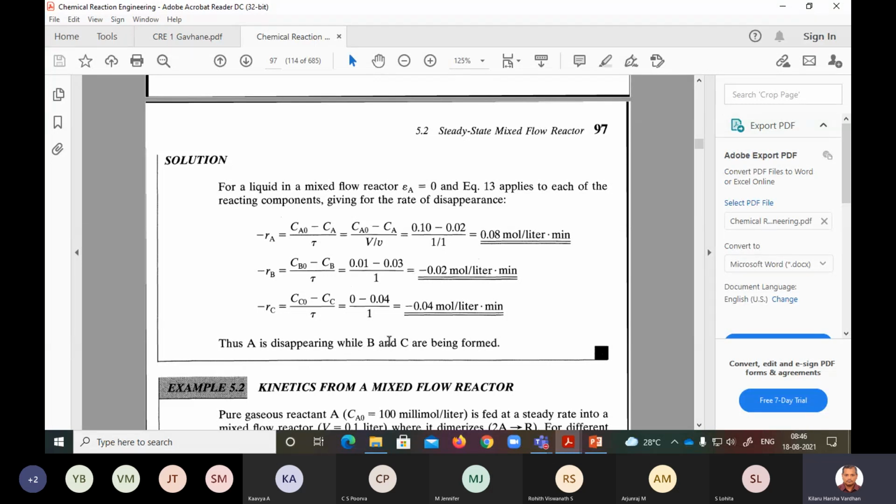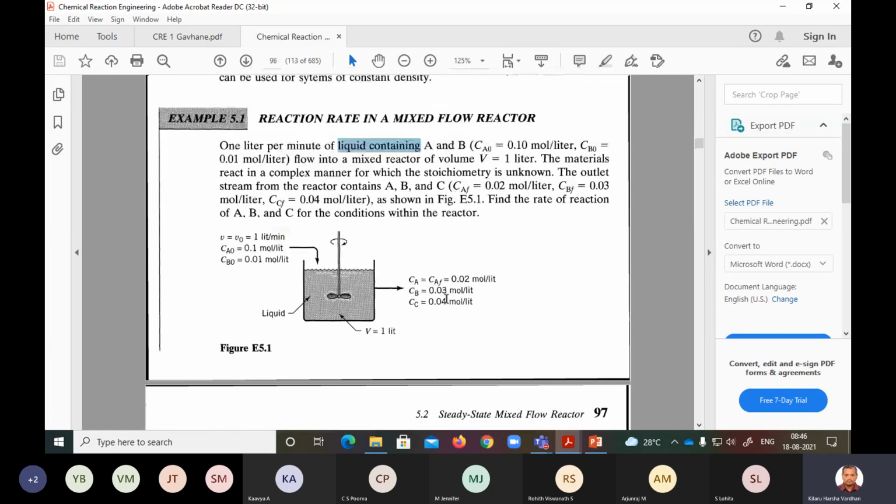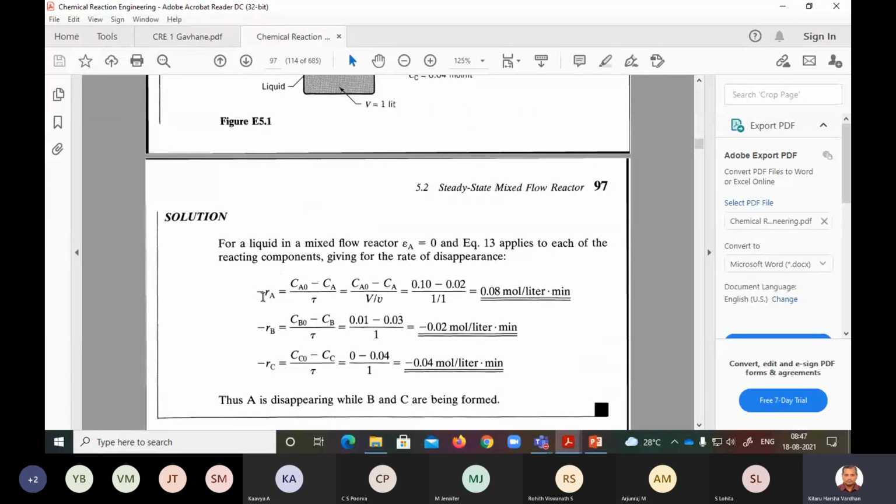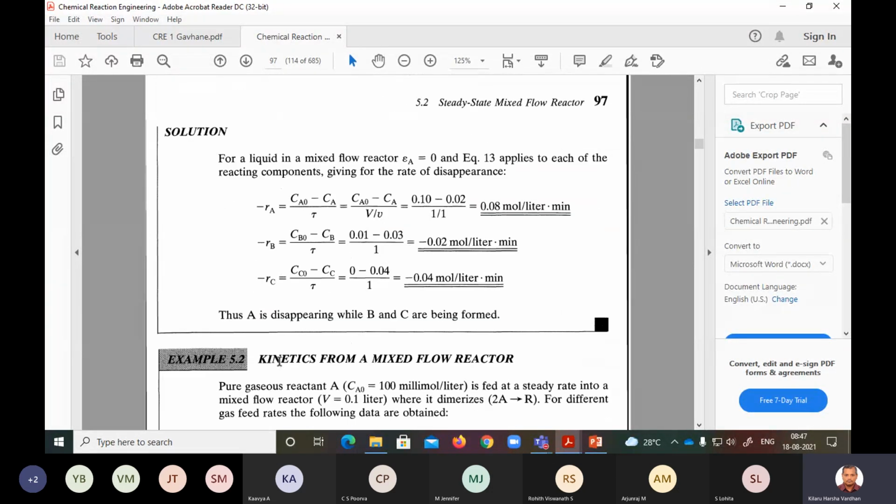Otherwise, A is giving you B, or B is giving you C, like a series reaction. That is what he is asking you, and that is why he gave the stoichiometry as unknown. So you calculated minus RA, minus RB and minus RC. From this we can tell one is a reactant, whereas the rest of the two are products. So it's a series reaction. A is giving you B, and B is again disappearing to give you C.